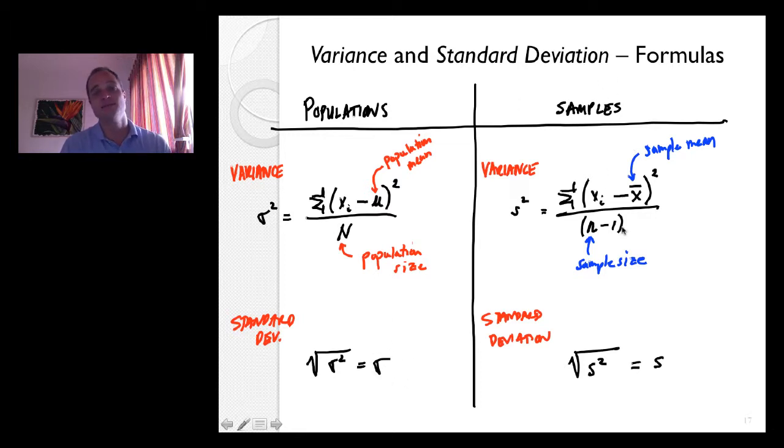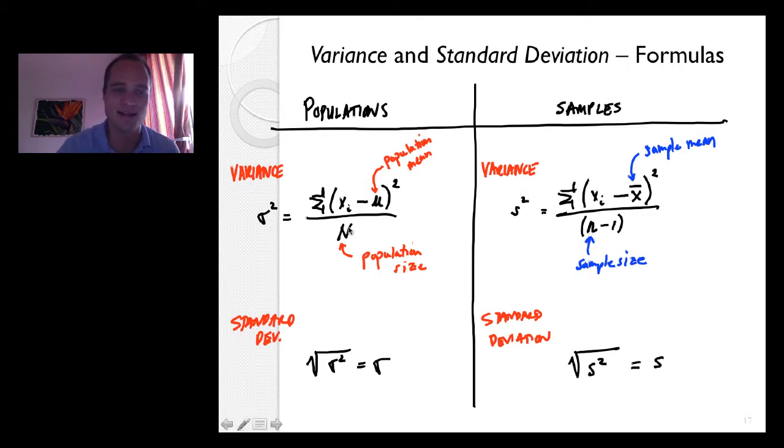Now if I have sample data, and we've already talked about the difference between population and sample, then my notation is S squared. Notice we have Greek letters for populations and Roman letters, our traditional alphabet letters, for samples. We'll maintain that throughout the course. S squared is the sum of the squared deviations from the mean, but notice it's not the population mean, it's the sample mean. X bar is our sample mean, just the sum of all the data values divided by little n, the sample size.